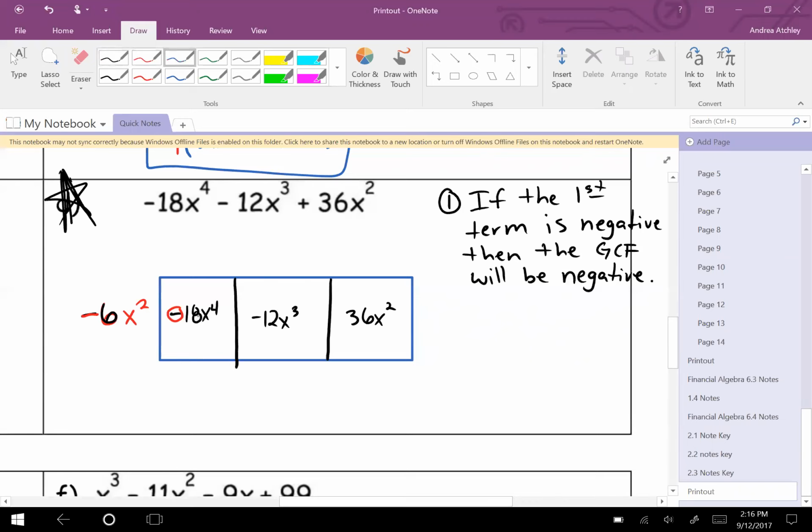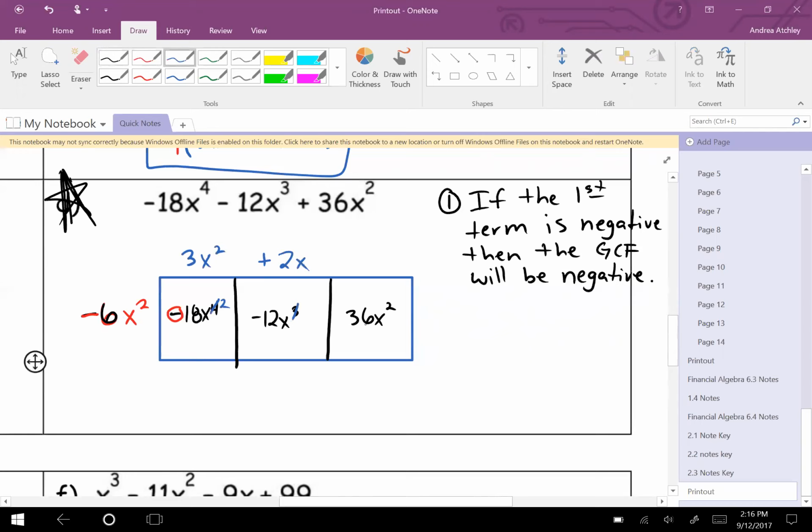And now when you're dividing, make sure you divide by -6. -18 divided by -6 is 3, and you take away 2, so x squared. Then -12 divided by -6 becomes +2, and I take away 2 x's and get just x to the first power.